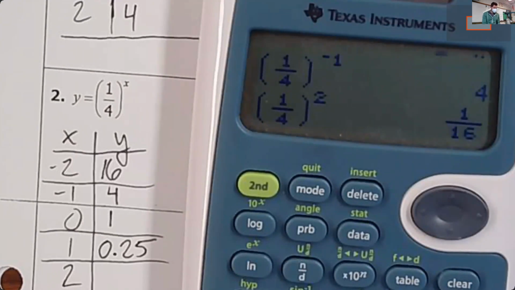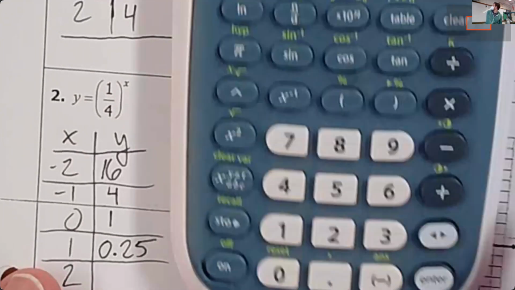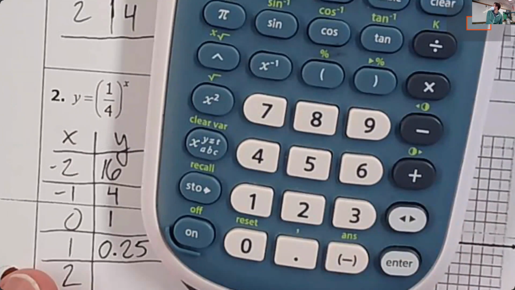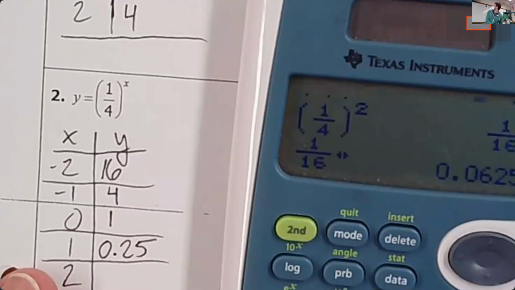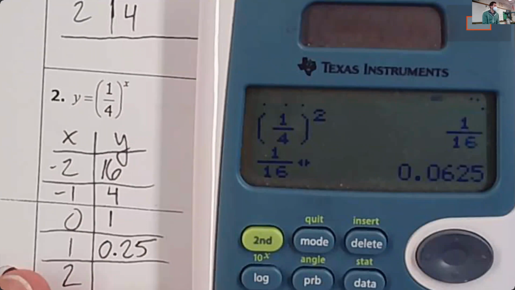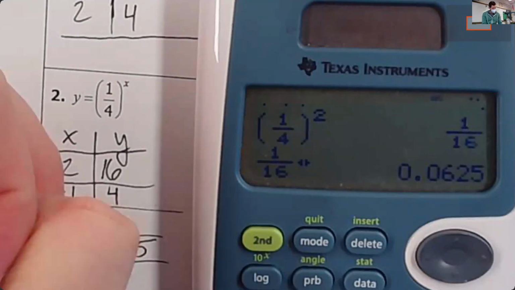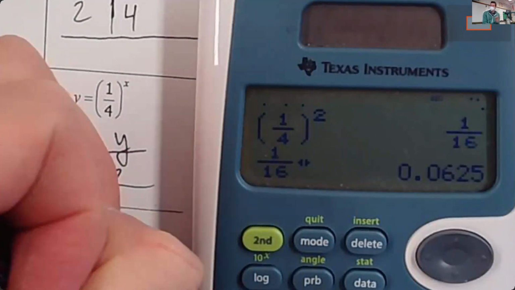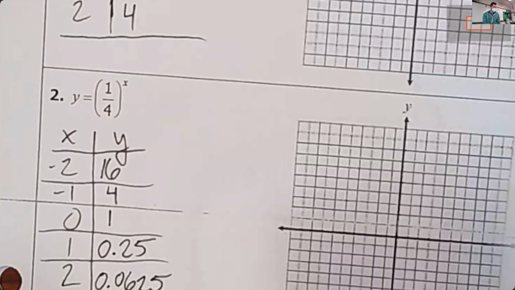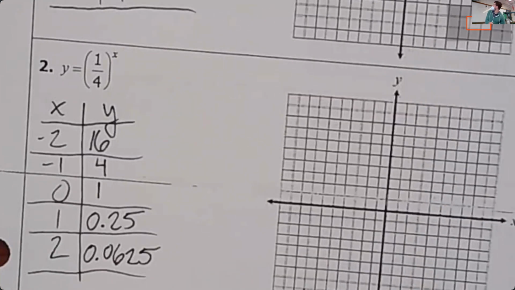But as a decimal, the little left-right arrow above the enter sign right here, that'll convert to a decimal, which gives us 0.0625. So that is our final value there. So we've got our 5 values for y with our values for x.